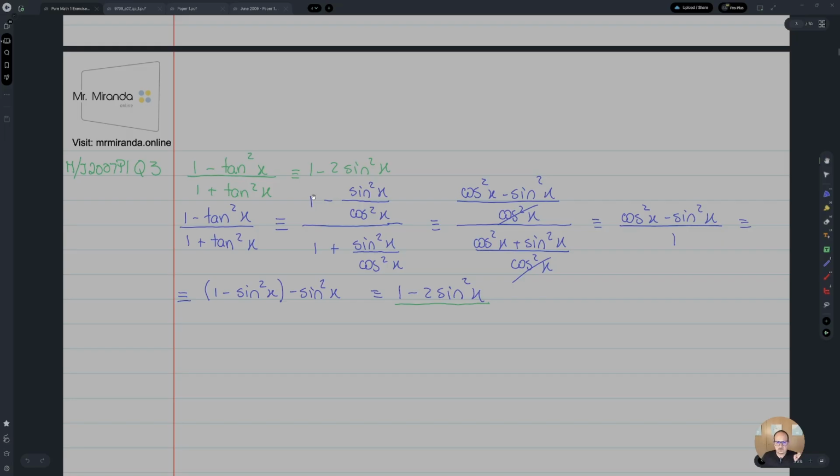Then I have to get rid of this one, so I have to put all of this as a single fraction and all of this as a single fraction. Same denominators, and this will become cosine square of x over cosine square of x minus sine square of x over cosine square of x.